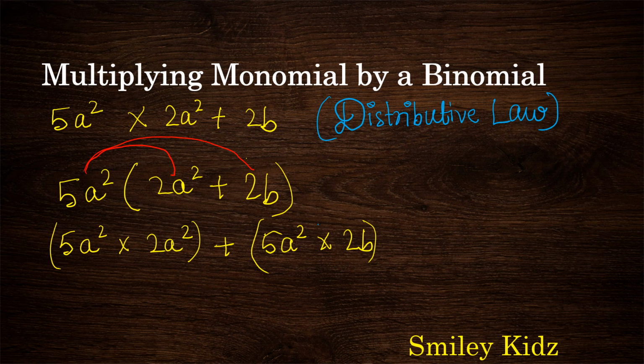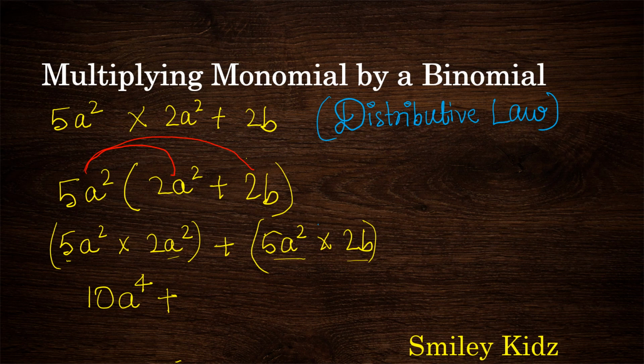Now we are going to further simplify them. So here we have 5a square multiplied by 2a square. Multiply their coefficients first. 5 multiplied by 2 gives us 10. And a square multiplied by a square gives us a to the power 4. Plus, then we have 5a square multiplied by 2b.